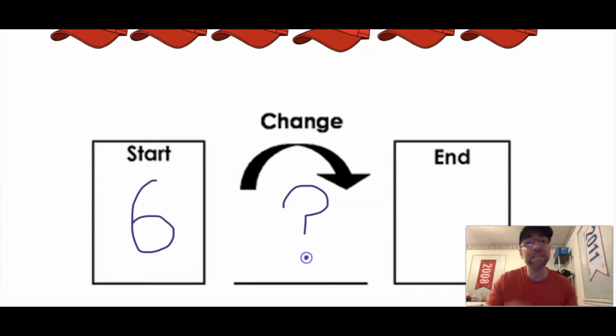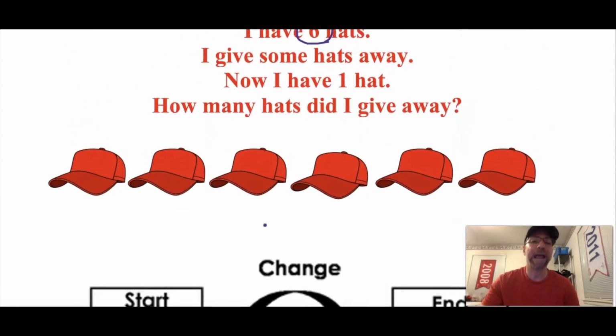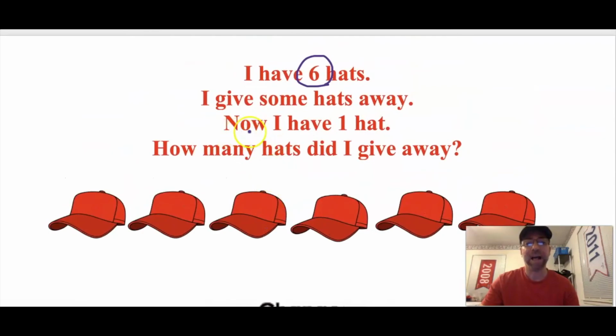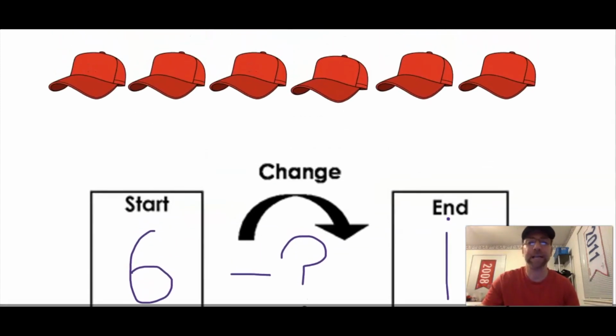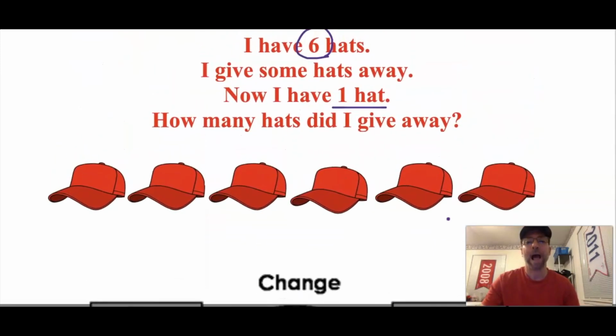And because I'm giving away hats, I'm going to be having less. So it's going to be a subtraction or a minus sign. Let's see what our end is. Now I have 1 hat. So my end is going to be 1. Let's see if our picture can help us. I have 6 hats. I give some hats away.